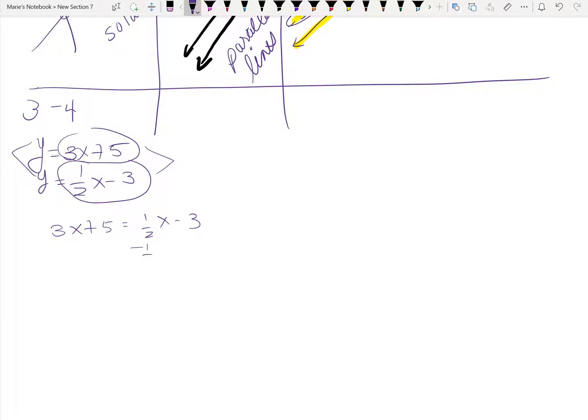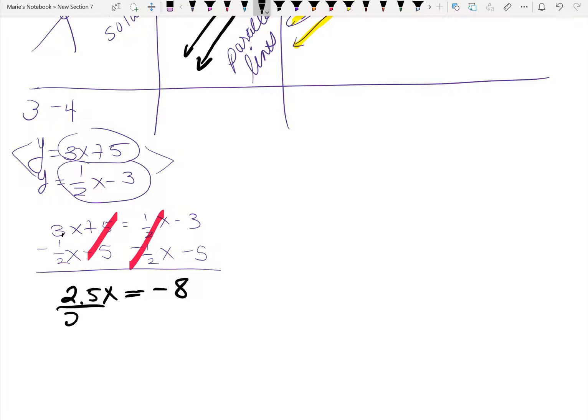If I subtract the 1/2 x on both sides, I will subtract the 5 and move that to the other side. So if you notice, the 5s are going to cancel, the halves are going to cancel, and you're left with, in this case, 2.5, so 2.5x is equal to negative 8.